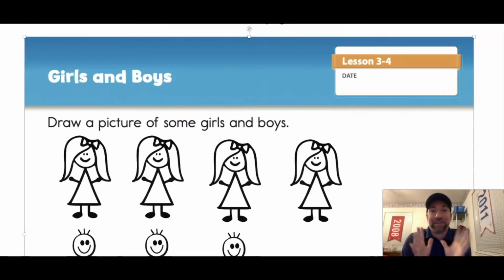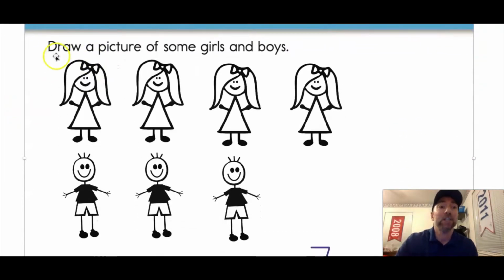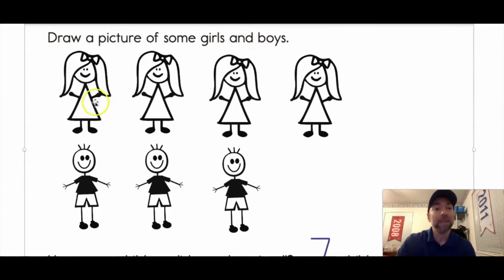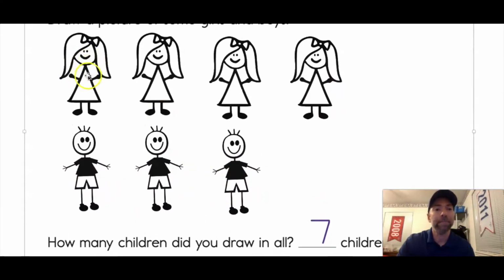All right, first grade, I finished my drawing, and I hope you finished yours too. Let's take a look at mine. Mine says, draw a picture of some girls and boys. And there they are. I have some girls on the top and some boys on the bottom. How many children did I draw in all? 1, 2, 3, 4, 5, 6, 7.